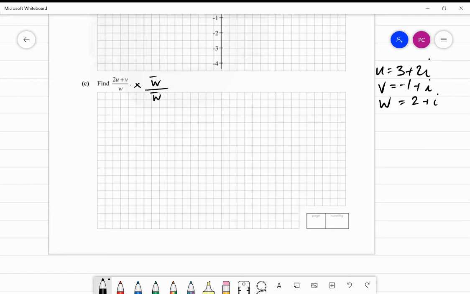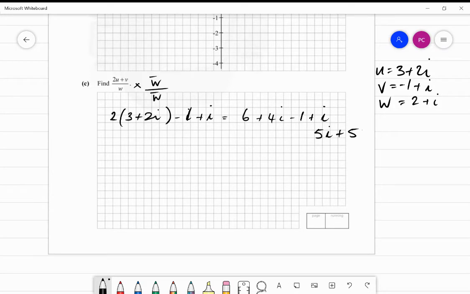We need to add 2U plus V, so it's 2 times whatever my U is plus my V. That's going to give me 6 plus 4I minus, that's a minus 1 there, sorry, minus 1 plus I. That's going to give me 5I plus 5.